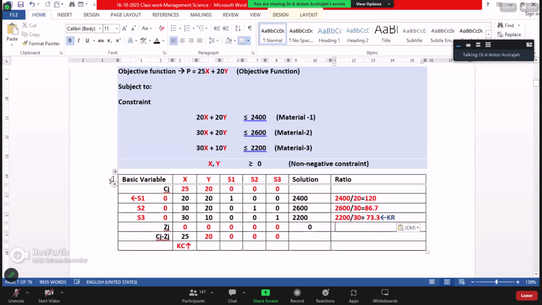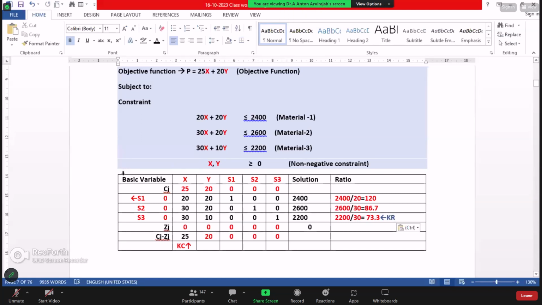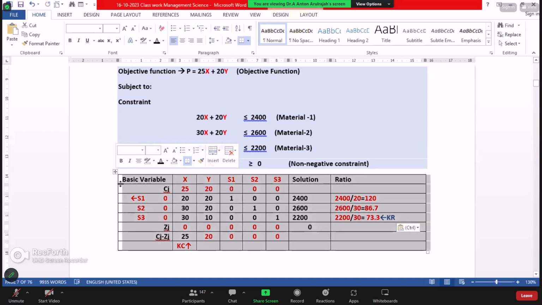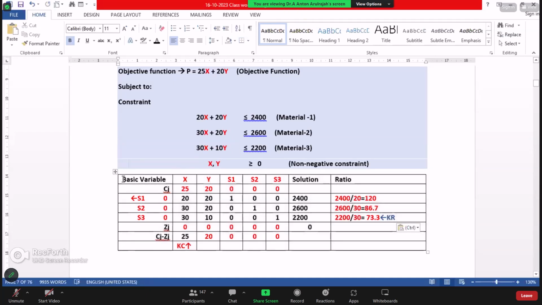Okay, so if you are doing it with me, it is easy for you. Easy for you. You are following me. So we have completed table one. Okay, please check my calculations. If there are any mistakes, please let me know. Are you okay with table number one?